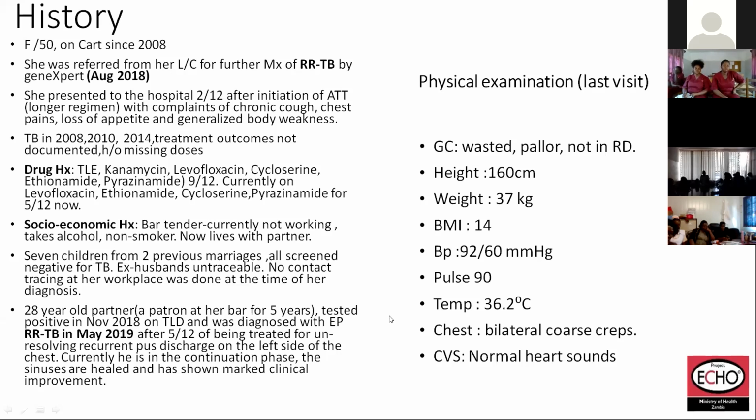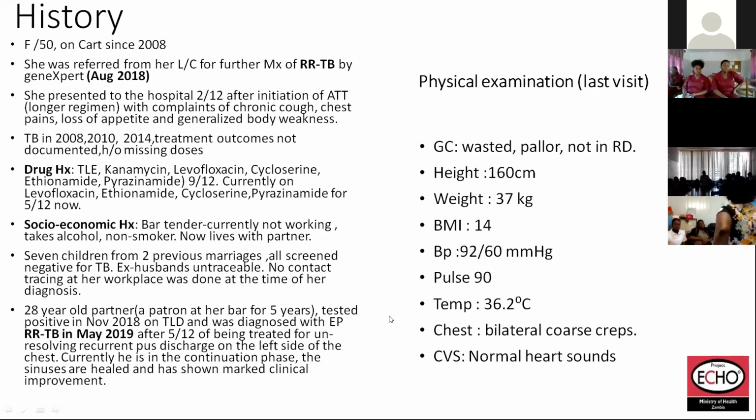In the drug history, when she was started on ART, she was started on TDF, and on the following drugs for the longer regimen, which she took for 9 months. Currently, she's in the continuation phase, in month 5 now. In the social history, our client used to work as a bartender, but she no longer works due to the illness.